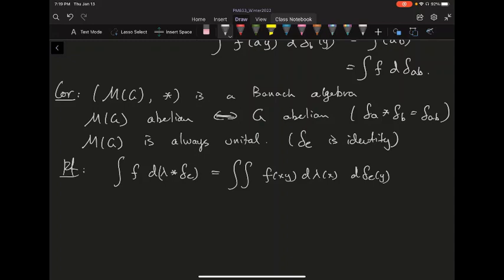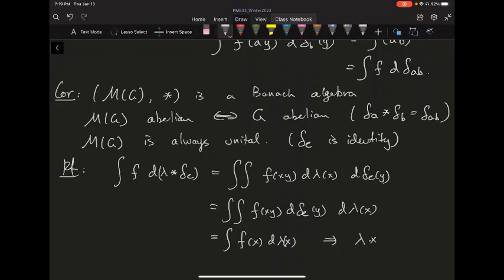You can put the d delta_e first, so this is the integral of f(x,y) d delta_e(y), then you do d lambda(x). And d delta_e(y) only returns the value when y is equal to e, so this is the integral of f(x) d lambda(x). Okay, so this basically proves that when you convolve with the Dirac measure at the identity, you get lambda back. And the other way is really similar. Okay, so you always have an identity here.